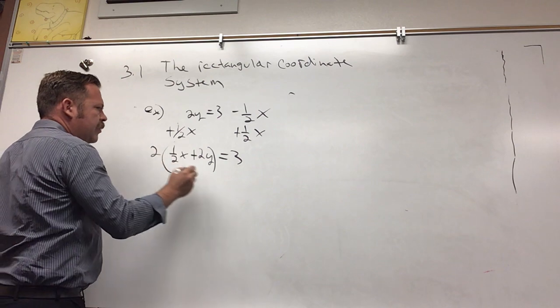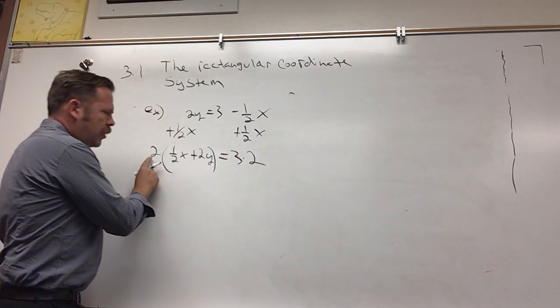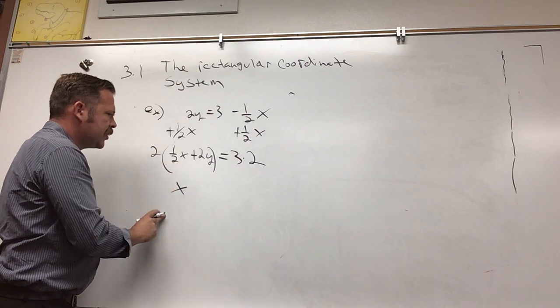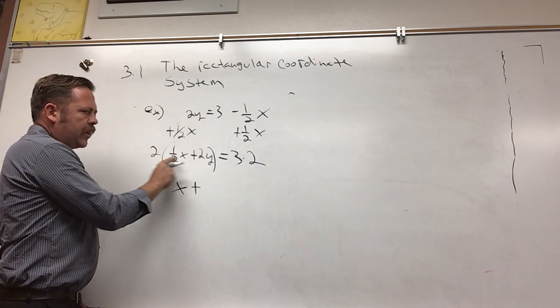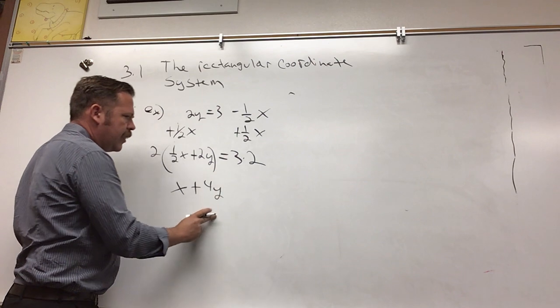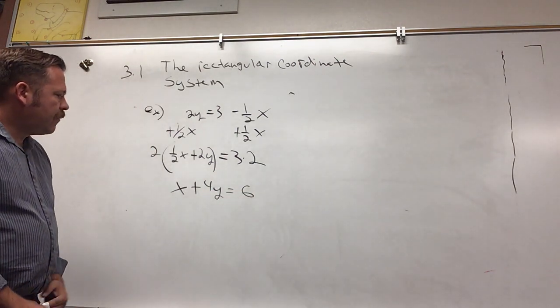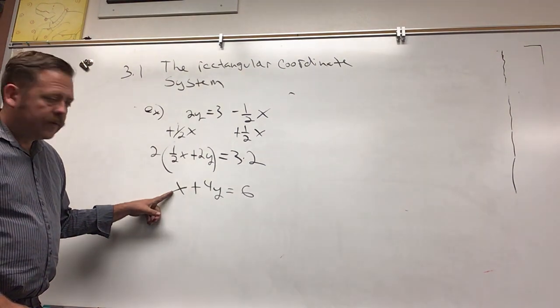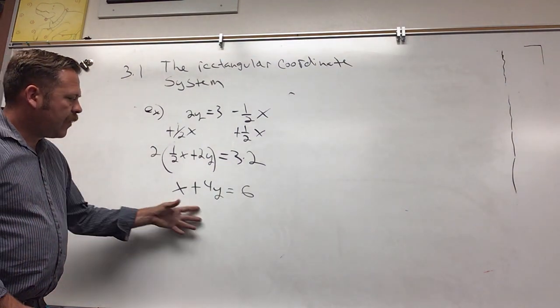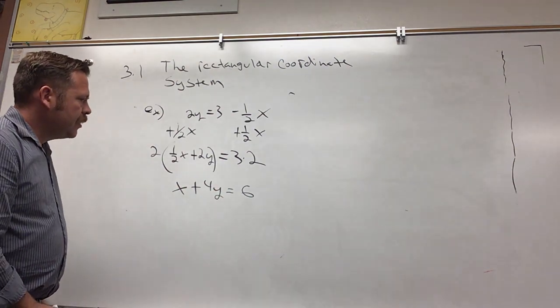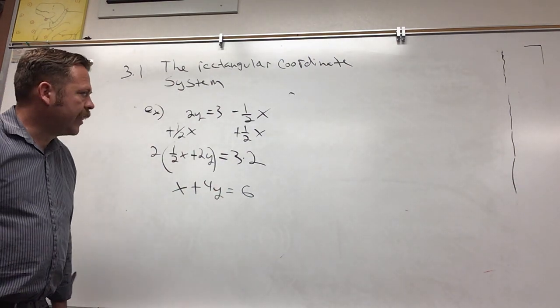Multiply left by 2, right by 2. 2 times 1/2 x would just be x, plus 2 times 2y is 4y, equals 6. Okay, now we've got standard form. My a is positive, no fractions, no common factor to divide by, so it's simplified, it's looking great.